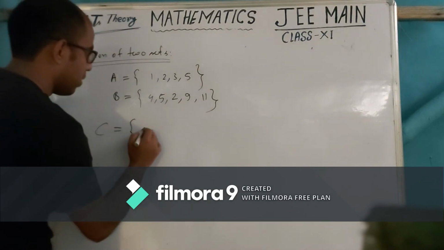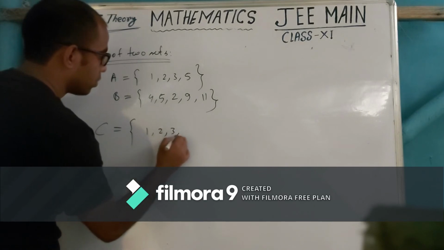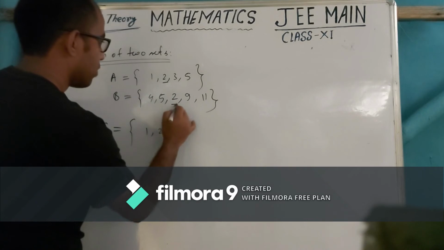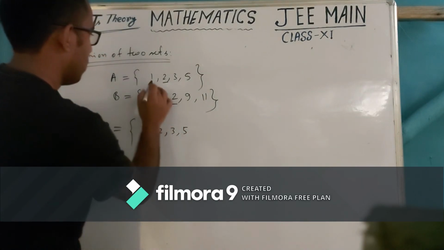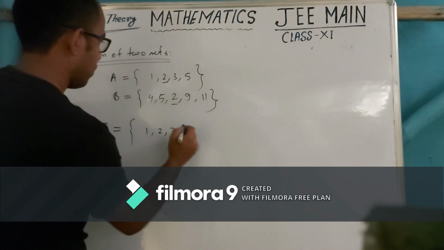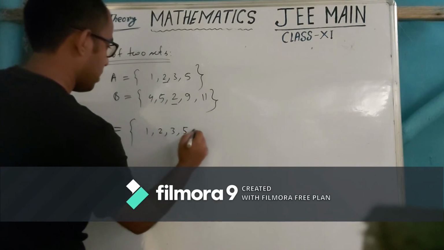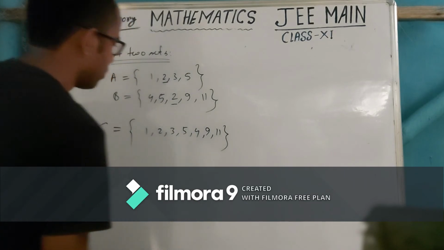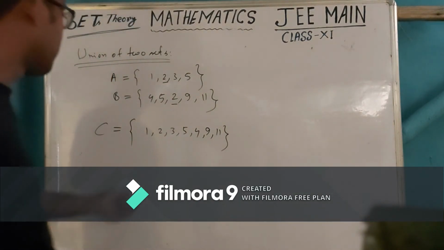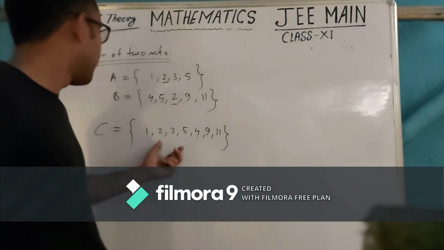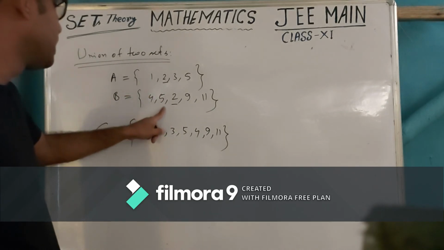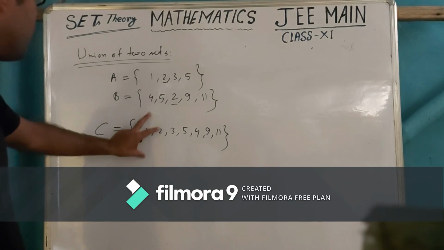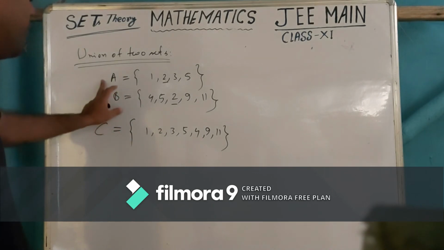So here we write 1, 2, 3, 5, and from B, 4 comes here, 5, 9, 11. So C contains all the elements of sets A and B, including the common elements. This set is called the union of two sets A and B.